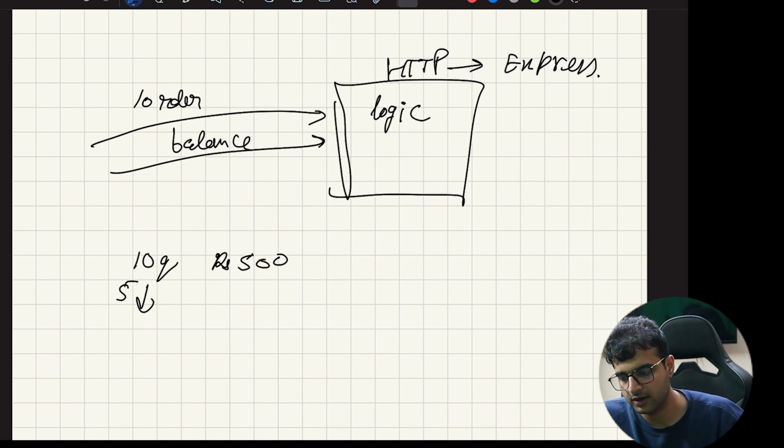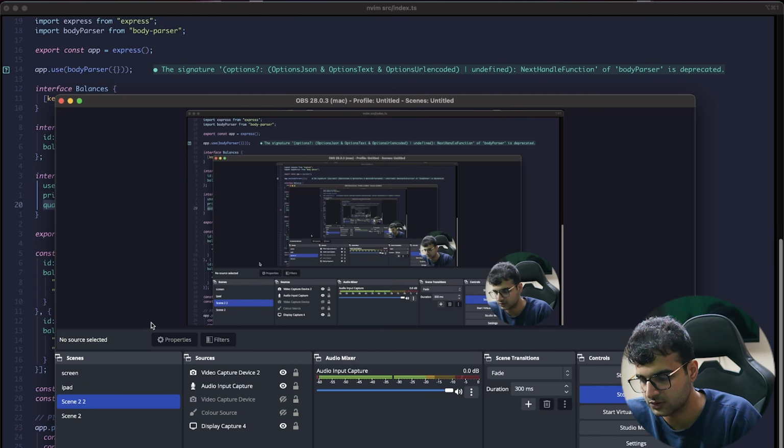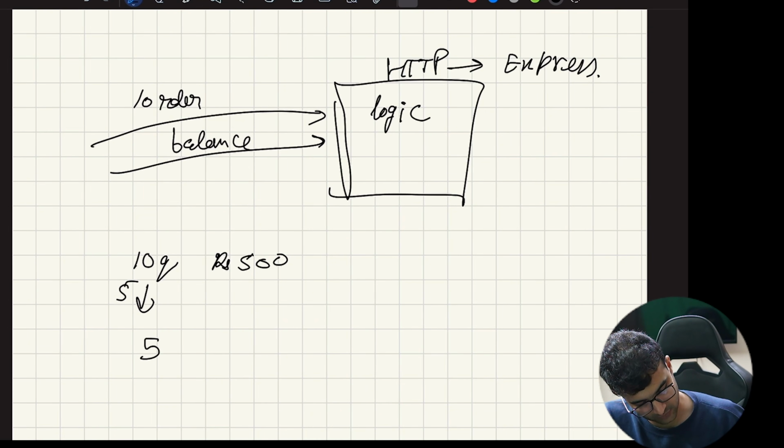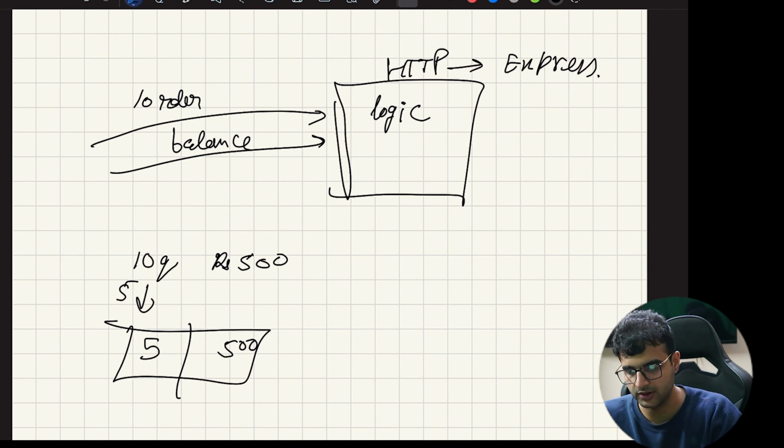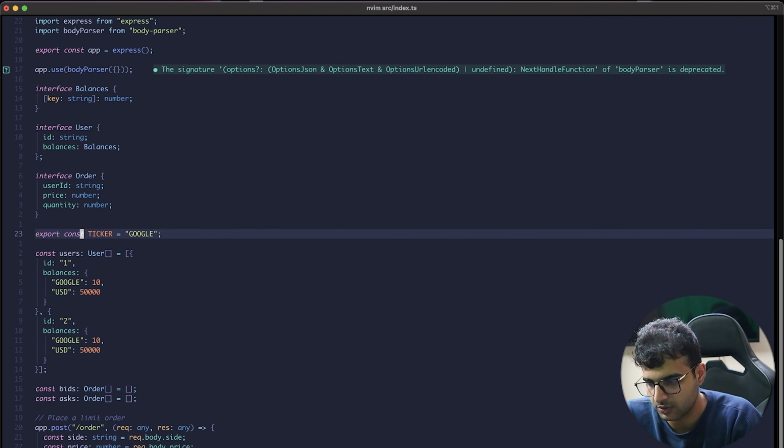So by the end of it, the order object will just store 5 as the quantity and 500 as the price for this user. As the orders keep getting filled, this order object updates as well. We will see that very soon. But again, these are just types. If you don't understand them, don't worry about them.